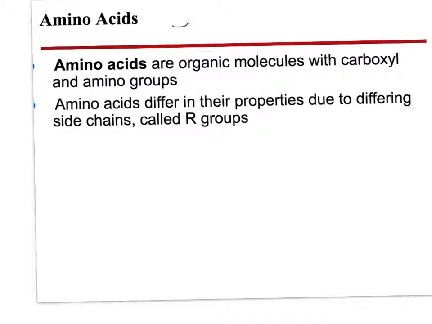So, amino acids. They are organic molecules with a distinct structure. They all have what we call a central carbon. So here's a carbon. How many bonds can carbon form? 4. So 1, 2, 3, 4. This is the structure of an amino acid.